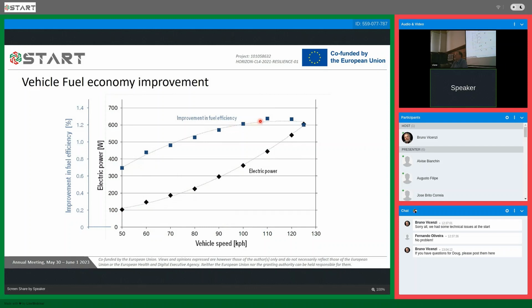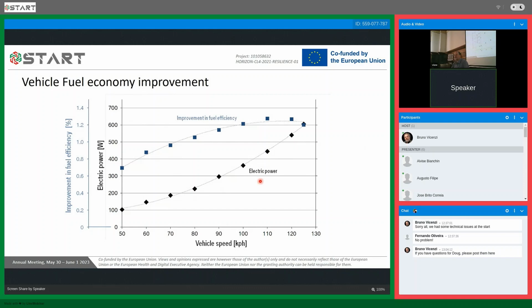The somewhat disappointing part of this is that when you take into account all of the conversion and the effects on the engine due to the engine back pressure, we ended up with a net of around 1 to 1.2% impact on fuel efficiency in this initial prototype.